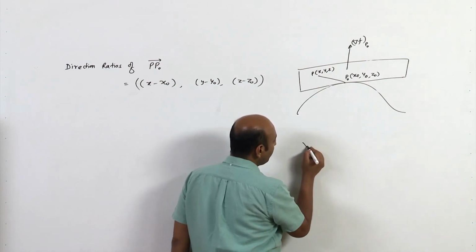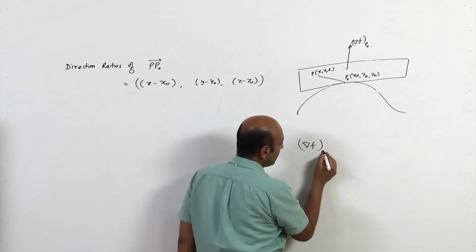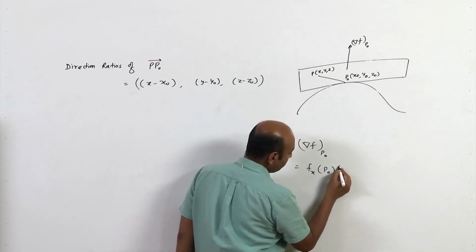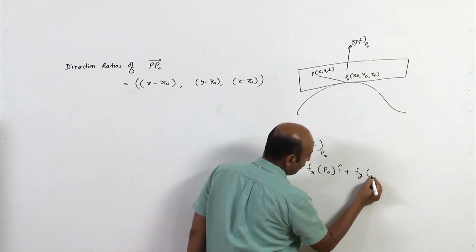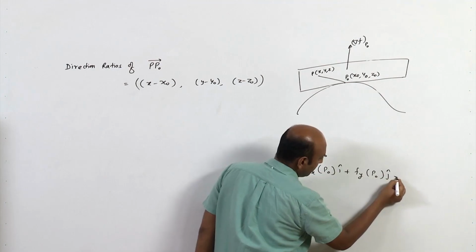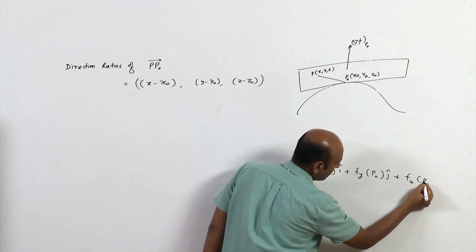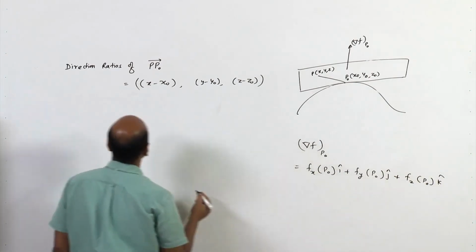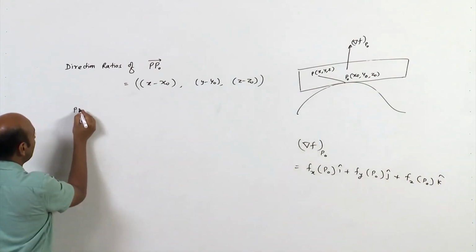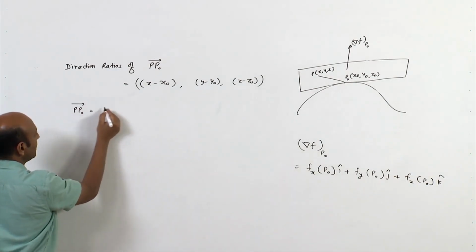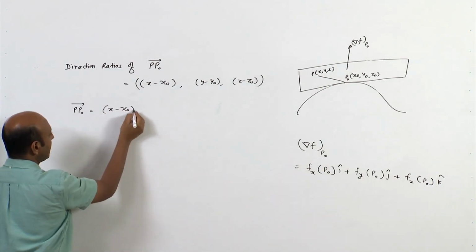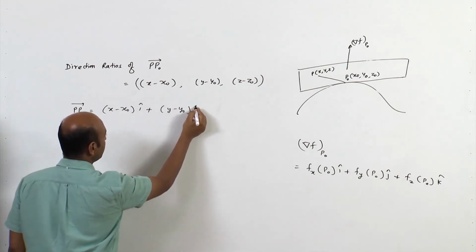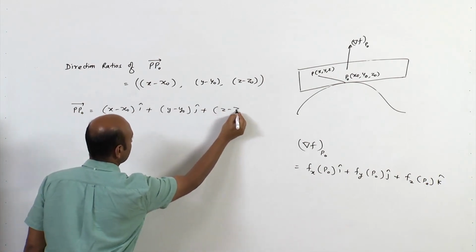What is the gradient of f at p naught? This will be fx at p naught i cap plus fy at p naught j cap plus fz at p naught k cap. And the vector will be x minus x naught i cap plus y minus y naught j cap plus z minus z naught k cap.